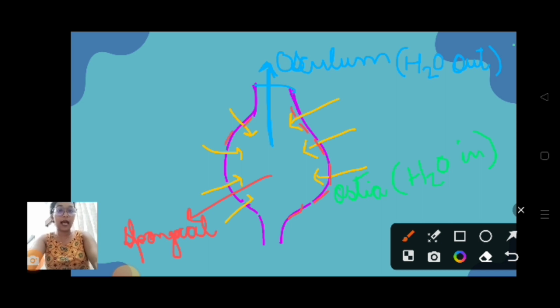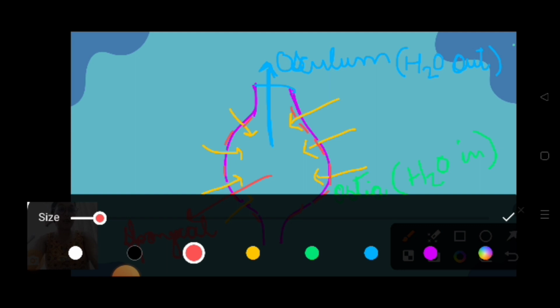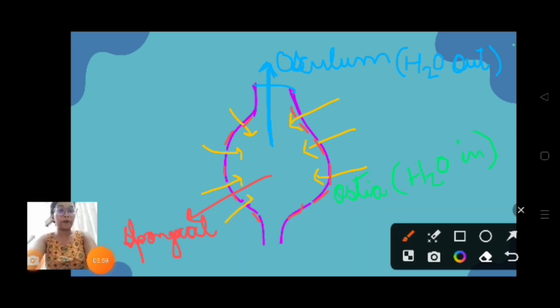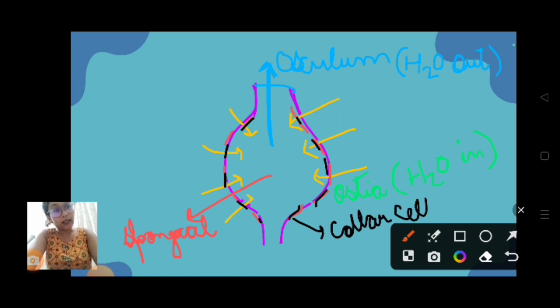It is lined by a cell called what? This spongocoel is lined by a cell called your collar cell, or you can say choanocytes. Is it clear?